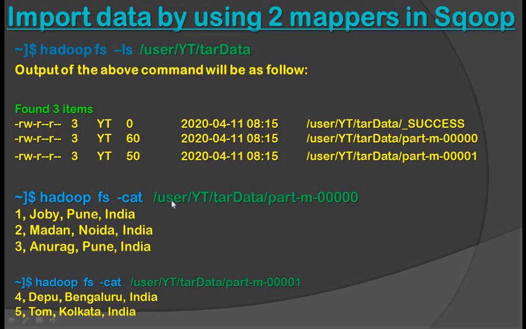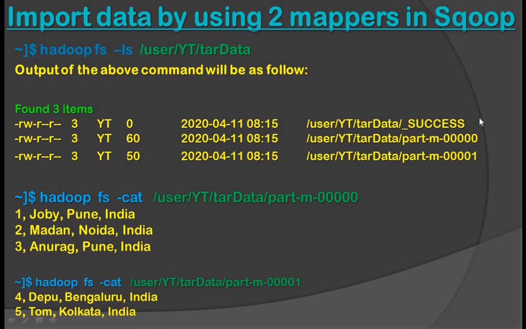And if we want to see the records of these two mappers, we can use the cat command, and by using the cat command we can see the records of the first mapper file and the records of the second mapper file this way. So it means if we specify only one mapper, then we get only one mapper output, and when we specify two mappers, then we get two mapper output files.